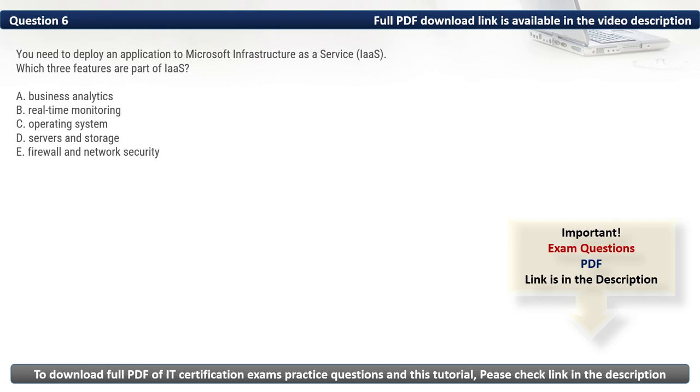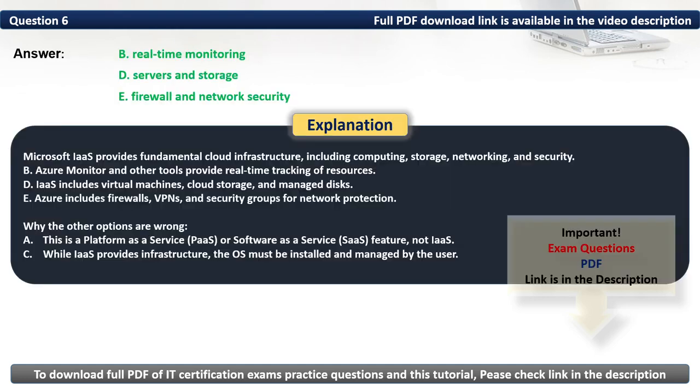As such, the three features that are part of infrastructure as a service are real time monitoring, servers and storage, and firewall and network security. Thus, the correct options are B, D, and E. Microsoft IaaS provides fundamental cloud infrastructure, including computing, storage, networking, and security.